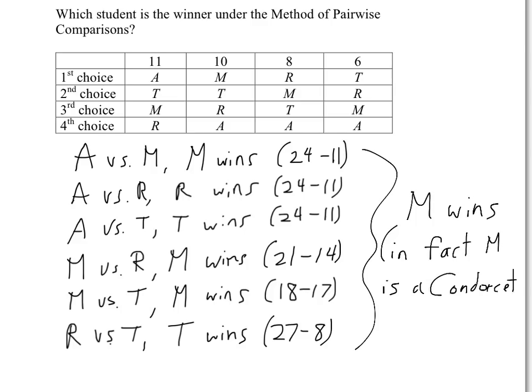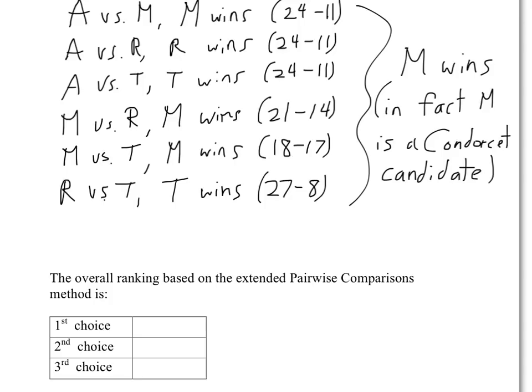Okay. So there is no guarantee that there will be a Condorcet candidate in an election, but if there is one, such a candidate is guaranteed to win under the method of pairwise comparisons. As for the overall ranking, we see that not only has Mark received the greatest number of points, 3 points, 1 for each victory, but Tom has received the second most points.